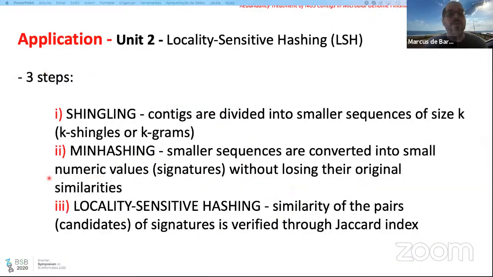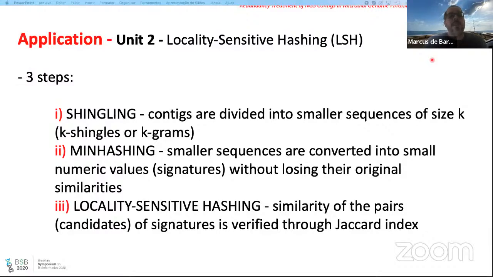In the second unit, we have the LSH, the locality-sensitive hashing stage. The LSH is divided into three steps. The first is shingling, where contigs are divided into smaller sequences of size K, also called K-shingles or K-grams.